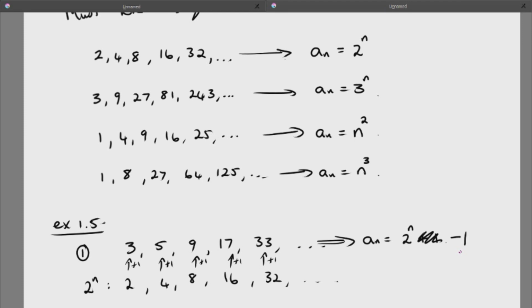And that's not the sequence I have. In order to get the sequence that's given in the question, I have to increase the memorized one. I have to go up because it's a 3 instead of a 2. It's a 5 instead of a 4. So if I'm building from the powers of 2 to get the given sequence, I have to go up.